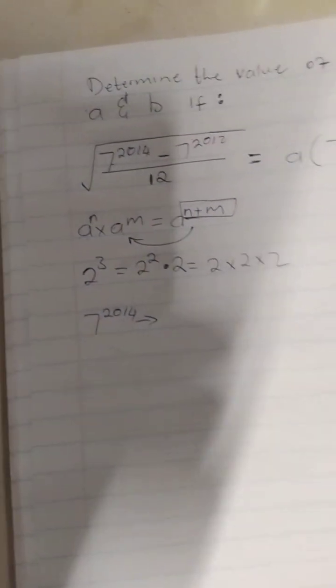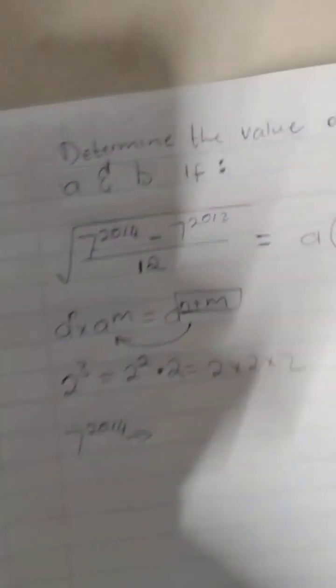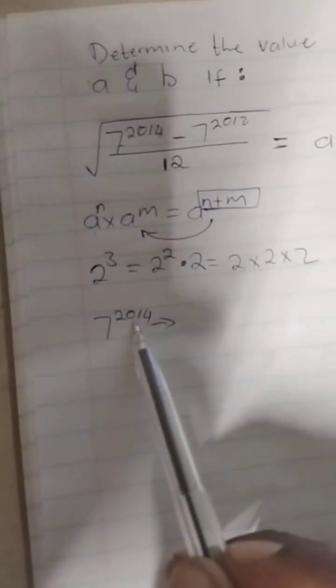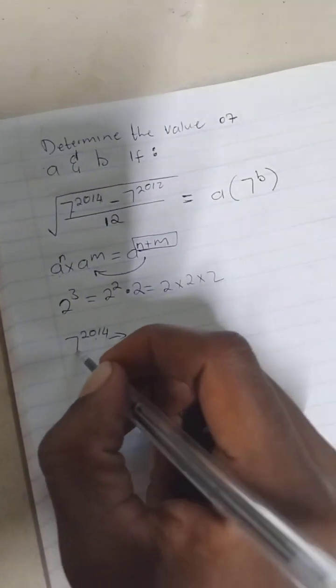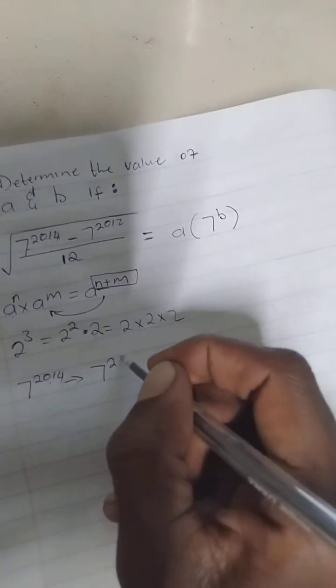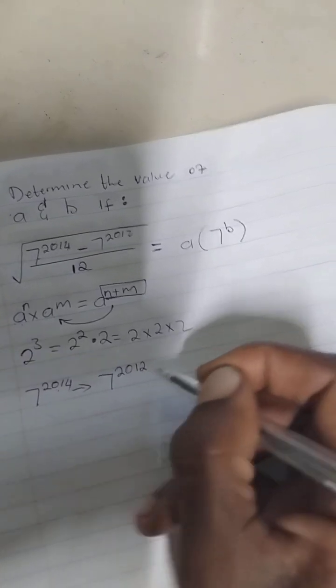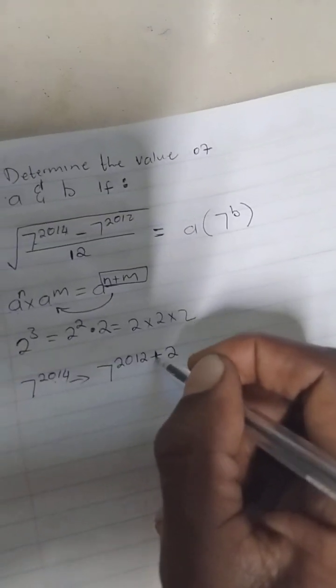Yes, it's going to be 2012 plus 2. Because I can change this 7 to the power 2014 into 7 to the power 2012 plus 2.